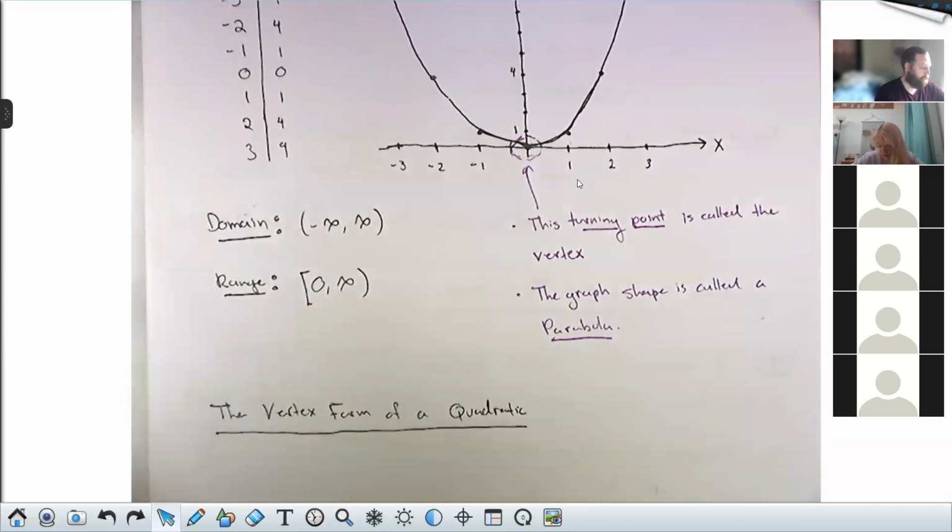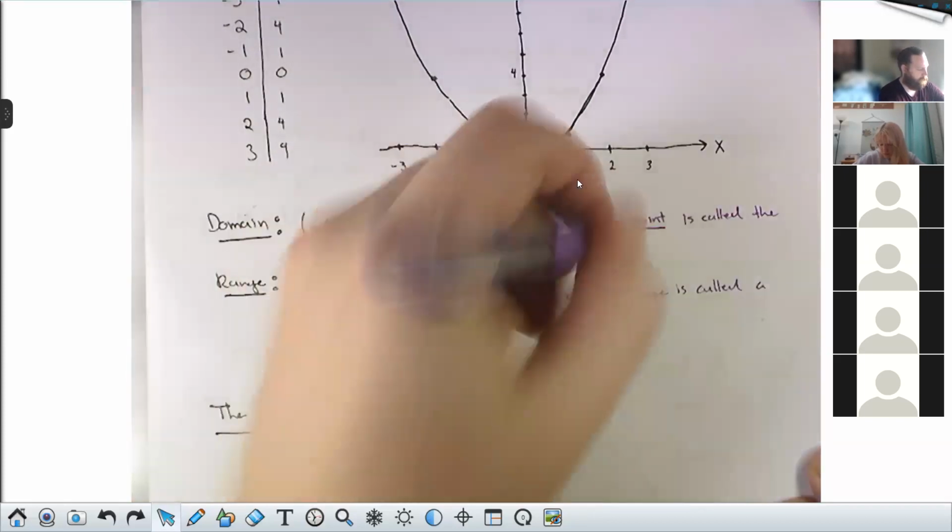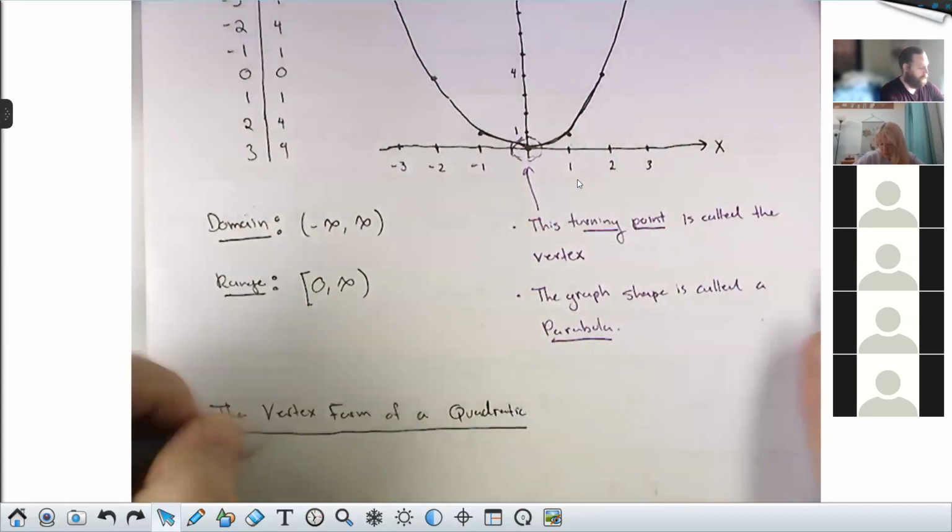I should say, we use special notation for the vertex.